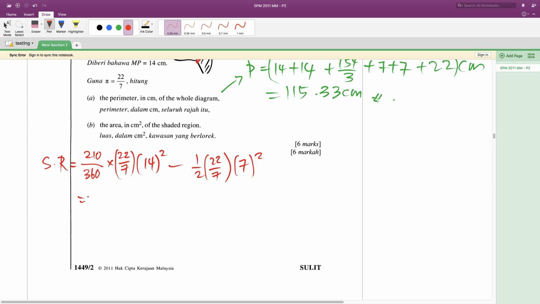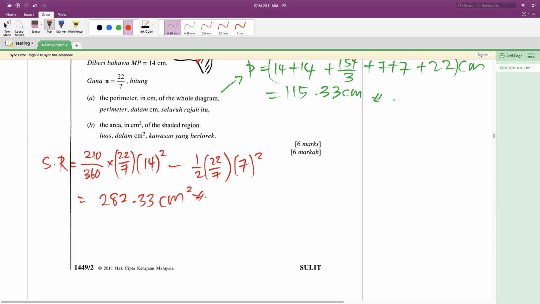So let me do 210 over 360 multiply 22 over 7 multiply 14 square minus 1 over 2 multiply 22 over 7 multiply 7 square. You should be able to get the answer 282.33 centimeter square.